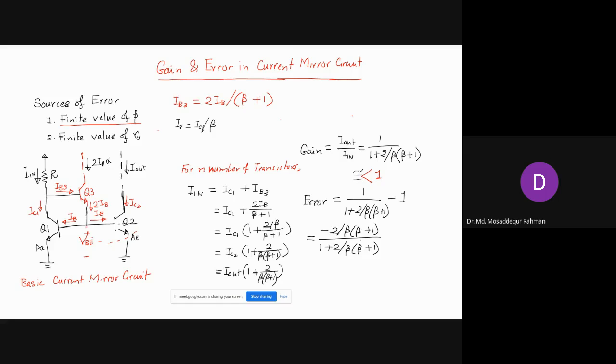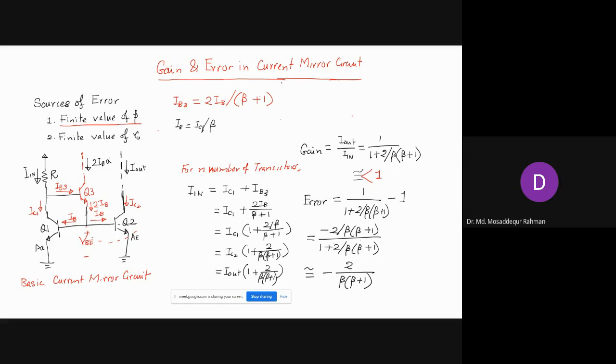So this part will be much, much smaller than 1. This is our beta squared. So we can always ignore that and approximate this to minus 2 divided by beta plus 1. Okay.